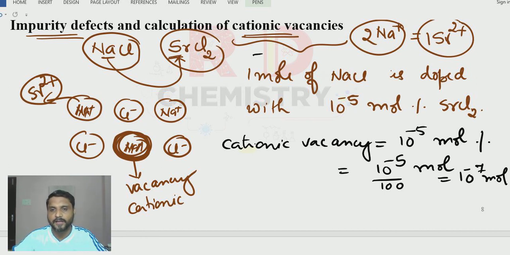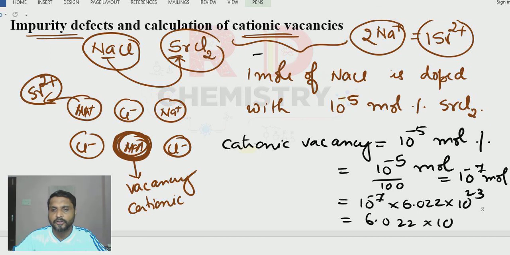So you'll convert now. This is equal to 10 power minus 7, and you know that 1 mole contains 6.022 into 10 power 23, correct? So this will be equal to 6.022 into 10 power 16 here, right? So many vacancies are there per mole. Now this is per mole, clear? So this is the way how to solve the problem, students.